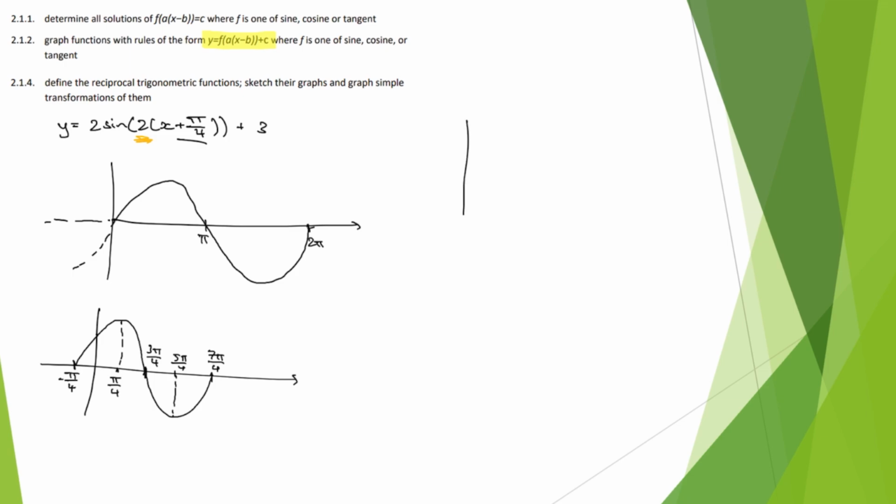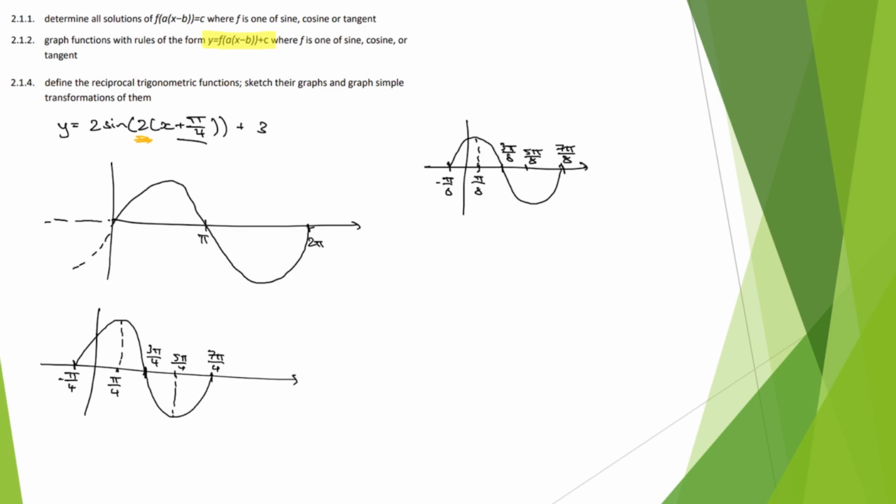So if I graph that function, then this is at negative pi on 8. This is at pi on 8. This is at 3 pi on 8. This is at 5 pi on 8. This is at 7 pi on 8. So that's what's happened now.